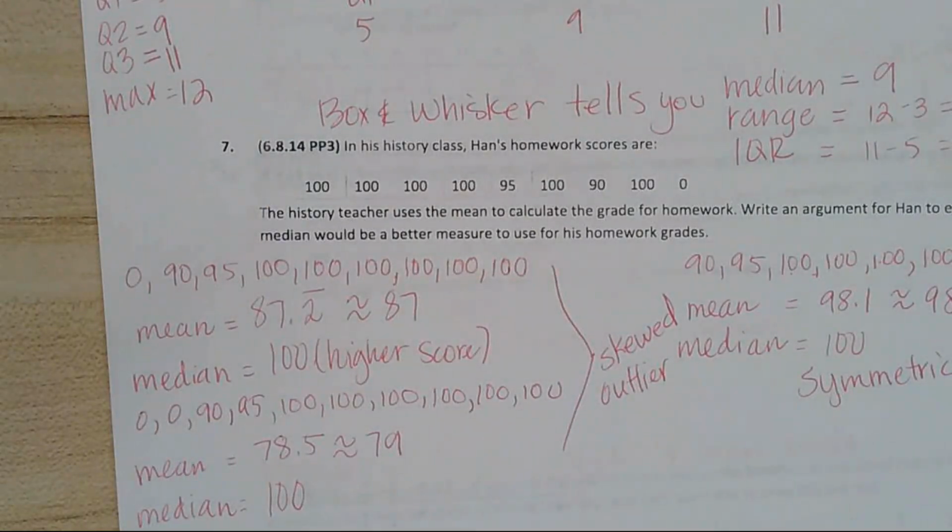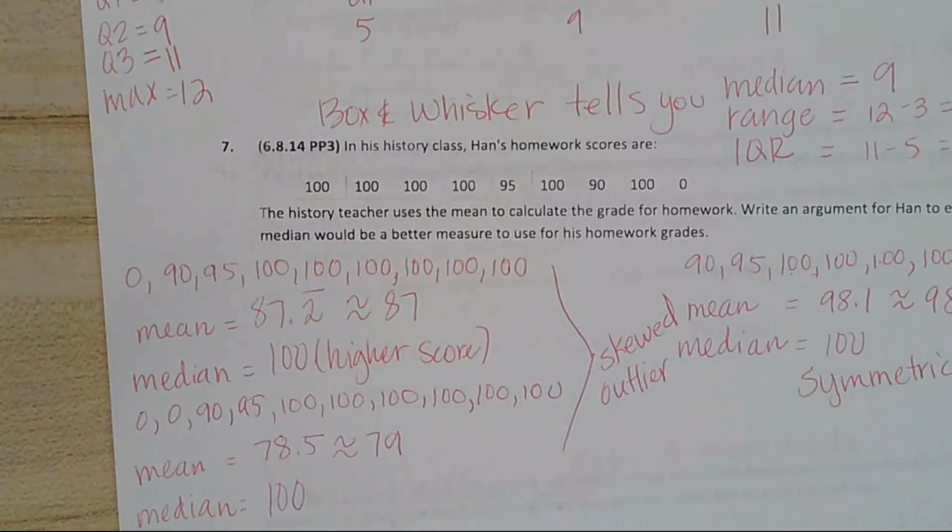What would our mode have been? 100. Would it have changed it? No. So the main measure of center that, if you add or remove data, is going to change every single time, and that's fair, and that's what your teachers go by, is your mean. It's your average. It's your typical. It's your general. Got it? Okay. So that is it on that problem.